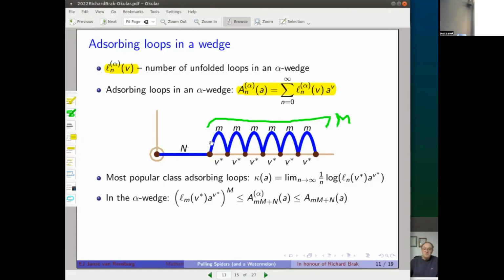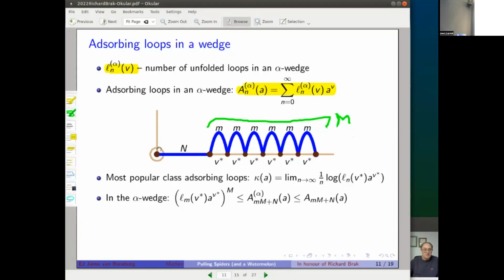You can't fit them inside the wedge unless you are sufficiently far away from the vertex of the wedge, which is here, the origin. So you have to move them along the wedge a certain distance away before they fit inside that wedge. And of course, the smaller the wedge angle alpha is, the narrower the wedge. And so you can think of this as the spine of the wedge. This is its bottom plane. And then you move these along away from the origin until they fit right inside the wedge.